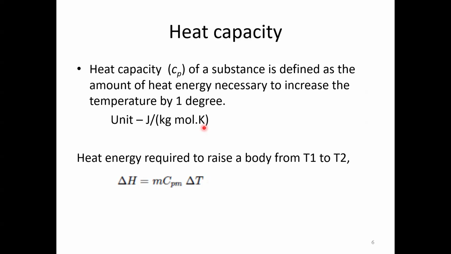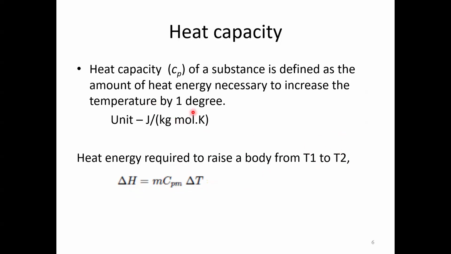And you multiply heat capacity by the mass of the material as well as the delta T, the temperature change, then you will get the energy that is needed to raise the temperature of a material from one temperature to the other, right?